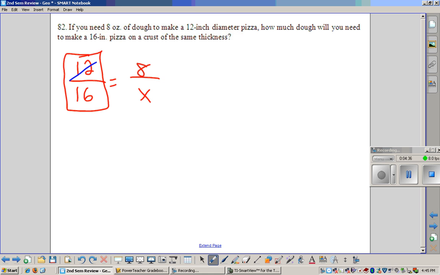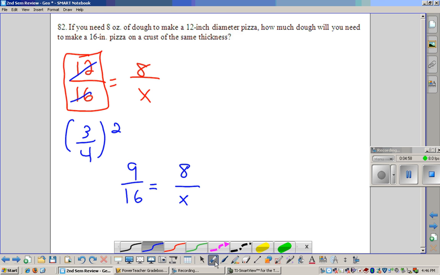So before you square it, I like to reduce the fraction by dividing both by 4, and you get 3/4. And then I need to make it an area ratio by squaring it. So I get 9 over 16. This is the area ratio, which constitutes dough, because dough takes up space. So we'll put 8 is to x.